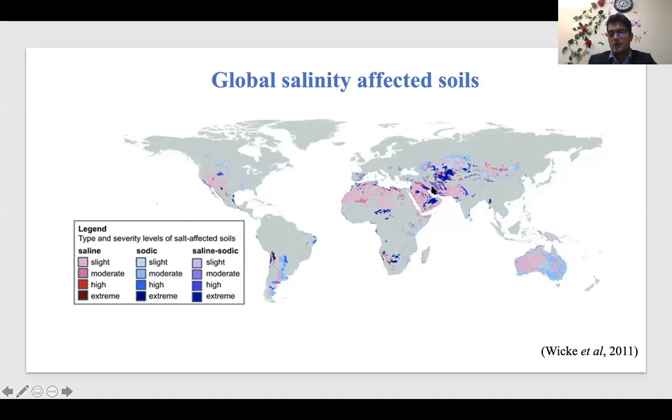Right from here, Middle East, Middle East Asia to Southeast Asia, most of the soil here is highly affected by salinity stress. Speaking about India, the percentage is still low as compared to other Asian parts. In the case of Australia, a lot of soil is affected by a moderate amount of saline soil. So salinity is a global problem.